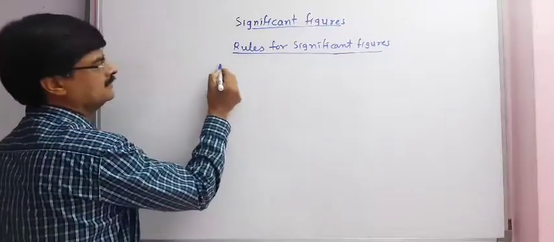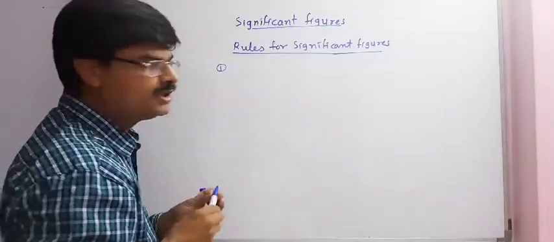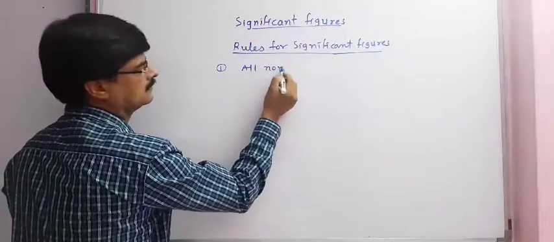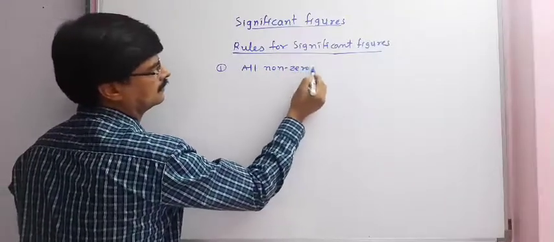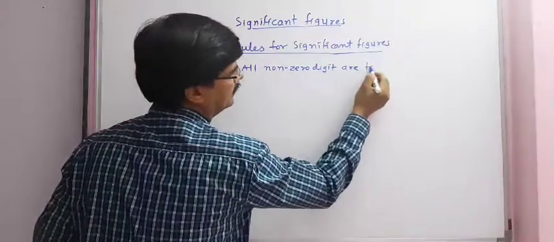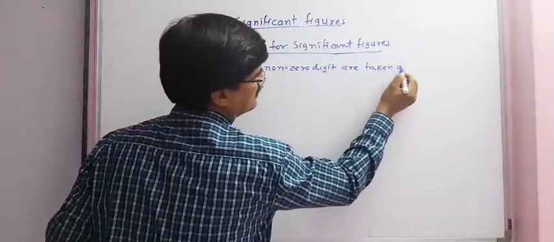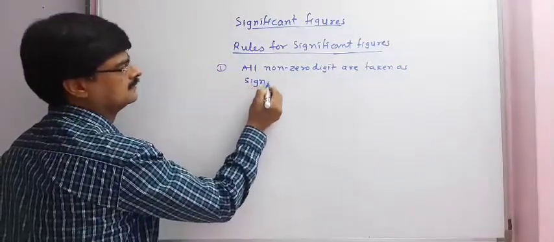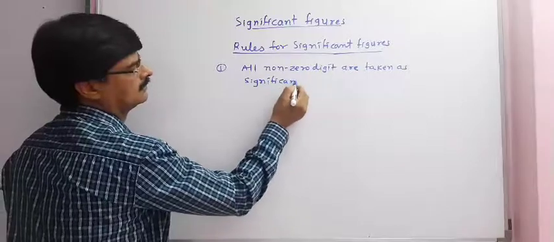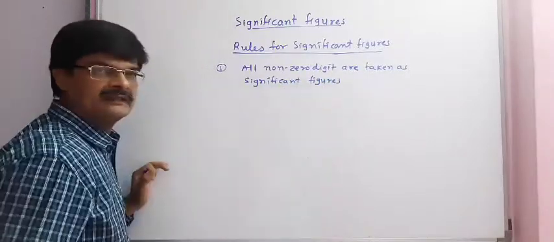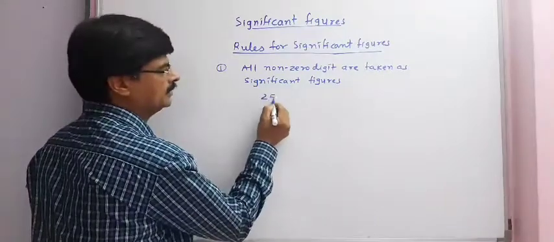Rule number 1: all non-zero digits are taken as significant figures. Take the example 25.